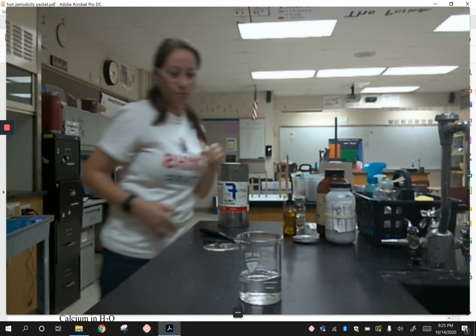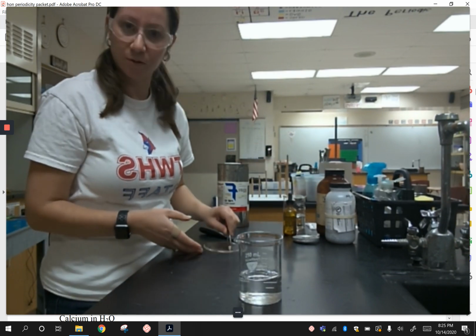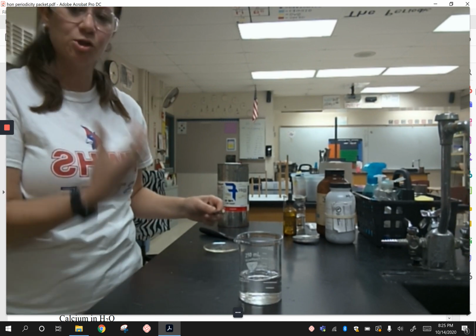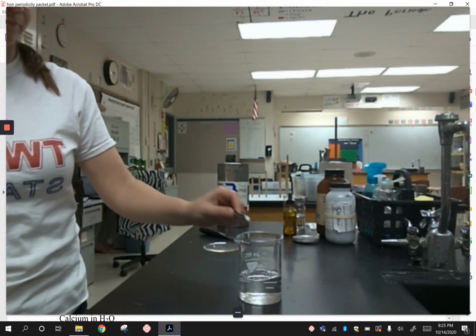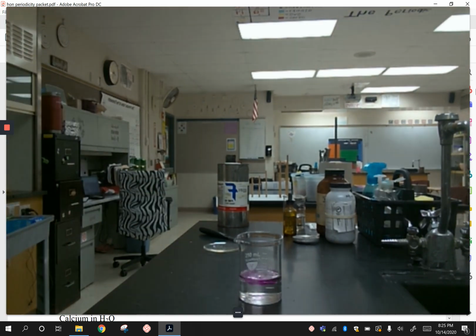And I'm going to go ahead and put that piece in the water. And I want you to notice whether it's more or less reactive than the lithium we saw. So what do you think? Oh, look at that, flame. Definitely more reactive than the lithium we saw. So it looks like sodium so far is the most reactive out of all of them.